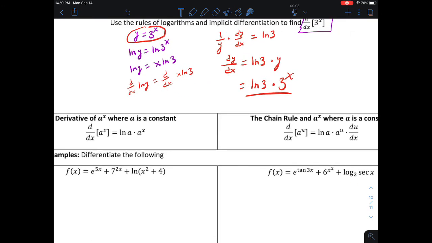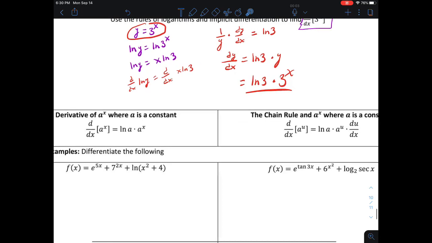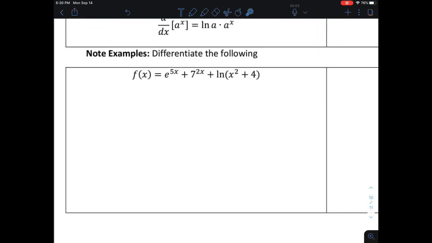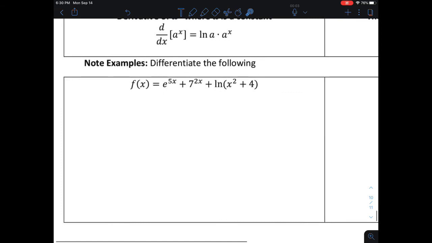Now, if I had a function of x in the exponent, call that function u, and I wanted to take the derivative with respect to x, according to the chain rule, it would be the natural log of the base times the original exponential function times the derivative of the exponent. That's what the du over dx is, the derivative of the exponent. And so let's find the derivative of the following problems, and we kind of get all of our rules put into one here.